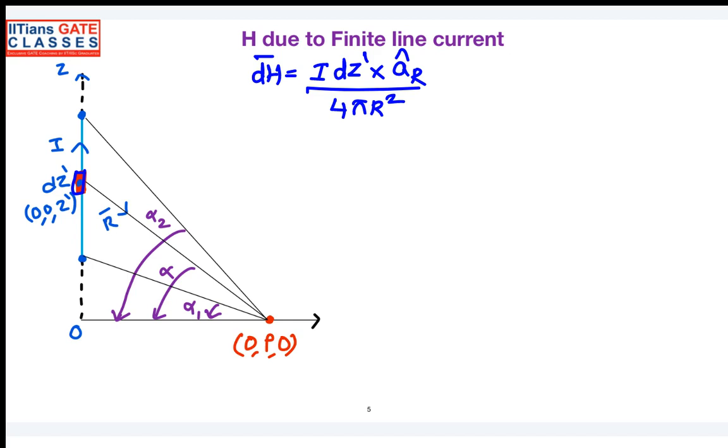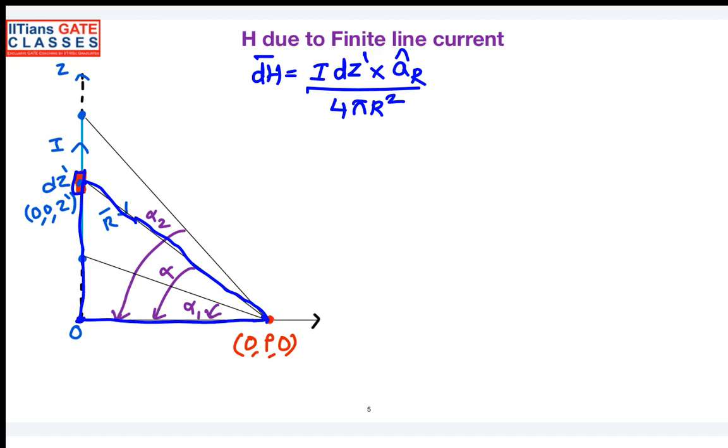So what will be the unit vector along the r direction here? a_r cap is the unit vector along this particular radial direction. You can see here from here to here, and from here to here, again you come back here, and again here to here.